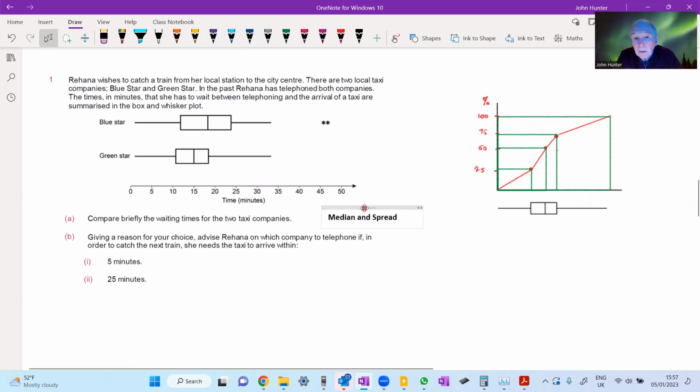We might well actually conclude that Blue Star is more reliable. Certainly, if Green Star's got a high proportion up at the top end here, then we might be a bit nervous about getting it. So we don't know. We're assuming these are all evenly spread along here, all that 25% of them on that, all that 25%. And if they are evenly spread, that's one thing, but they might not be.